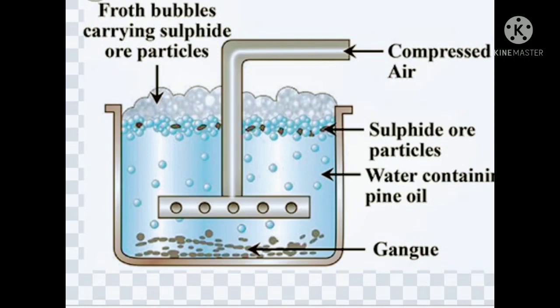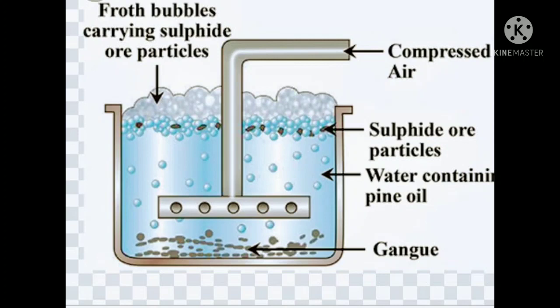Since our ore is lighter particles, along with the froth it comes to the top of the tank as froth or foam. And the heavier gangue particles are separated at the bottom of the tank.